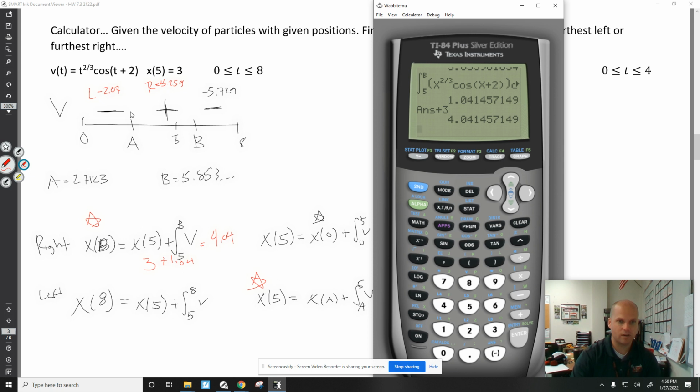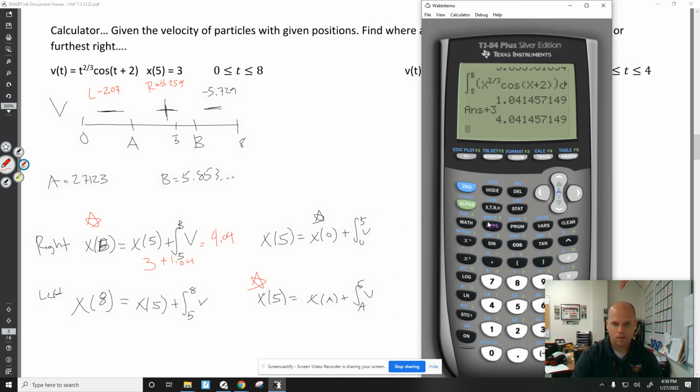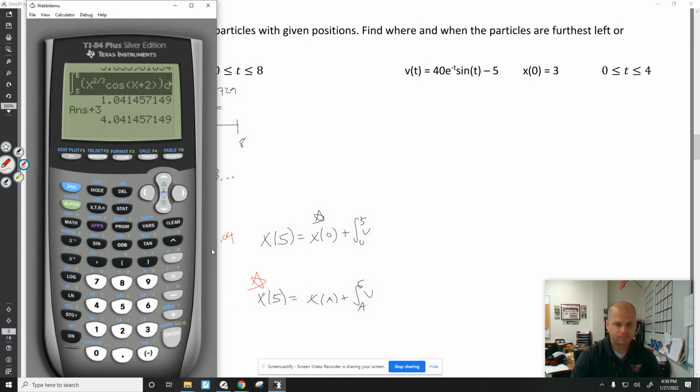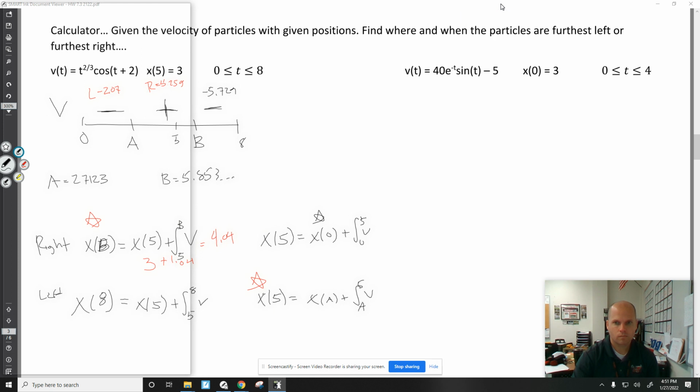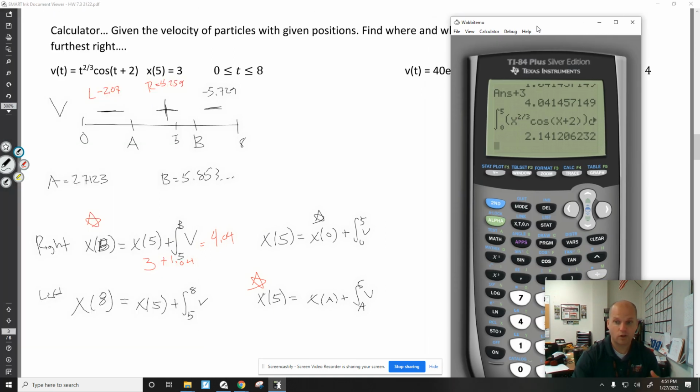So it's to the right of where I started. That's good. But let's check 5. We got this from 0 to 5. Notice your calculator taking some time to do the accumulation.